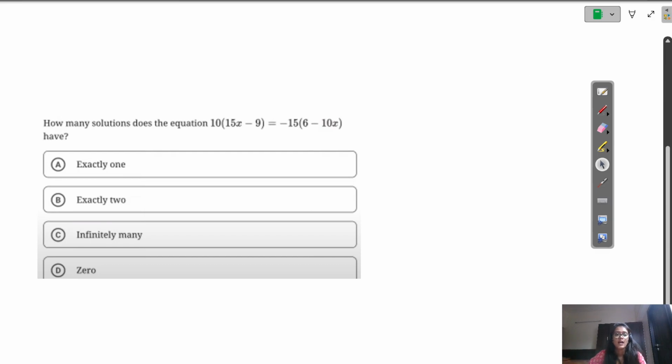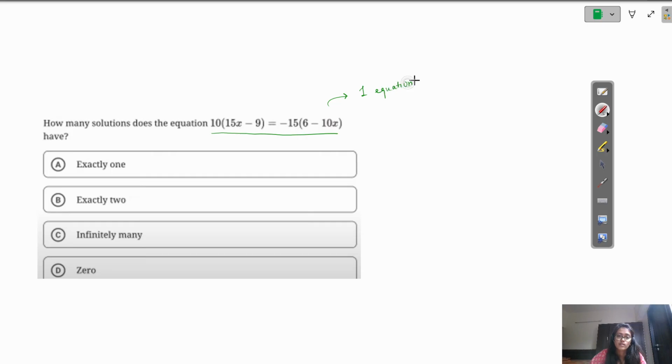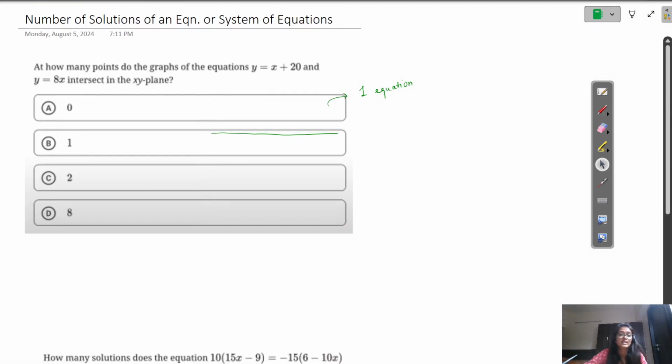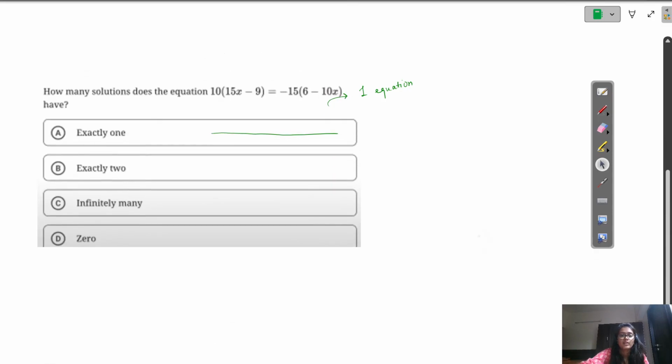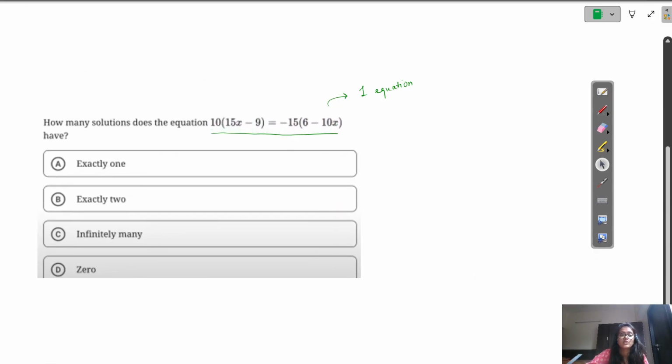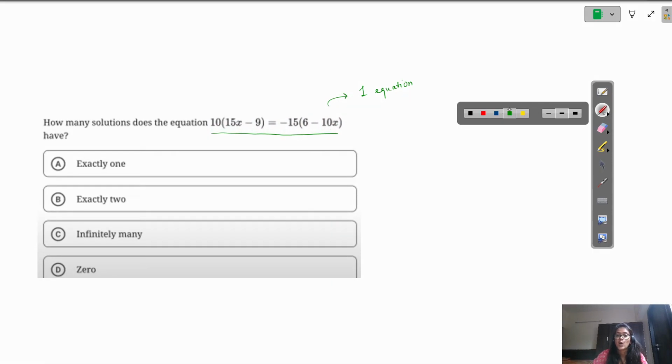Second, how many solutions does this equation have? This is not a system of equations, this is just one equation. You can still do it on DESMOS, but first let's see how you can do it manually.